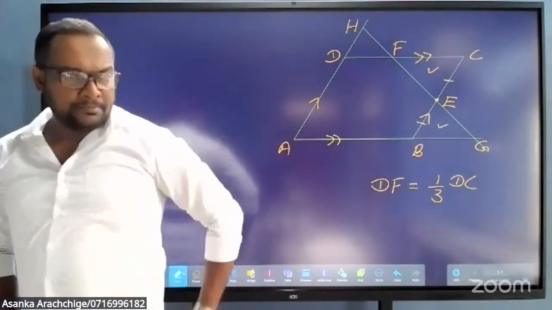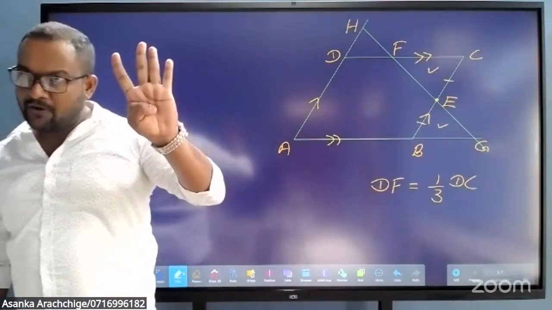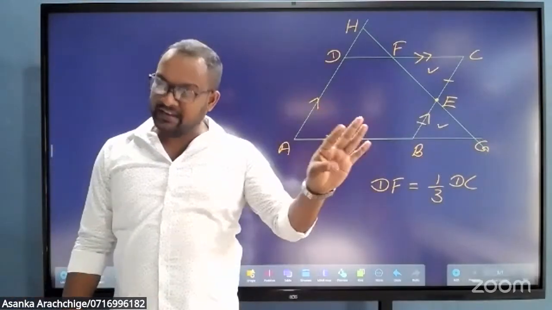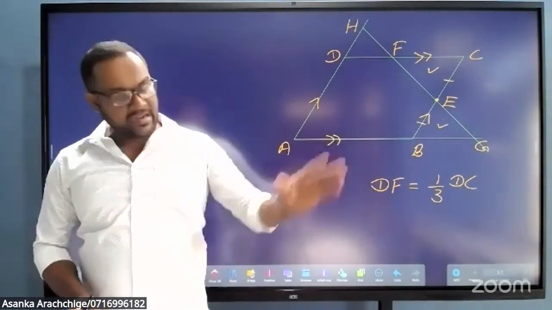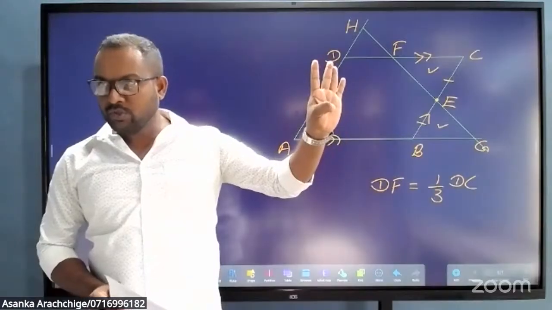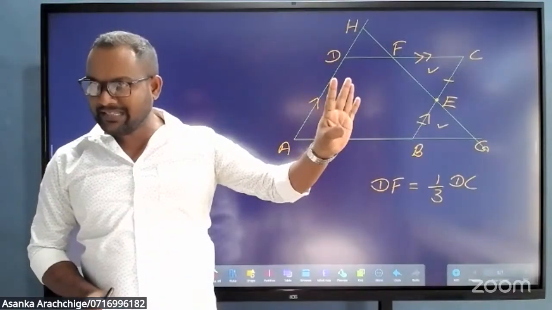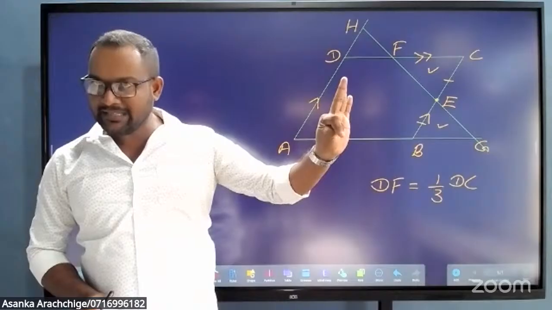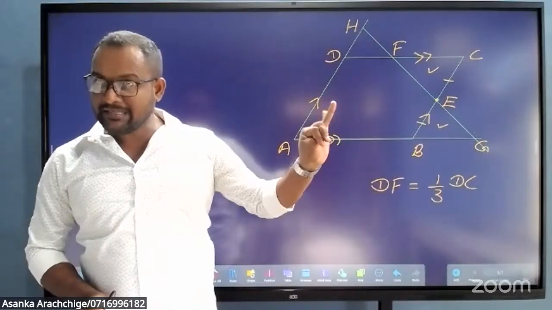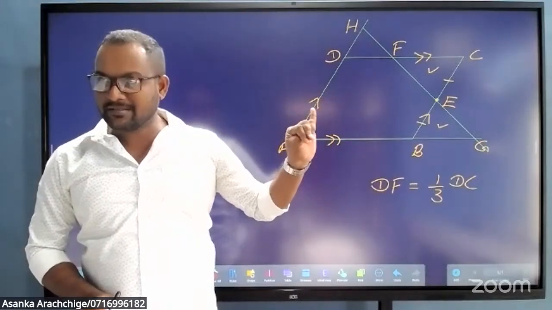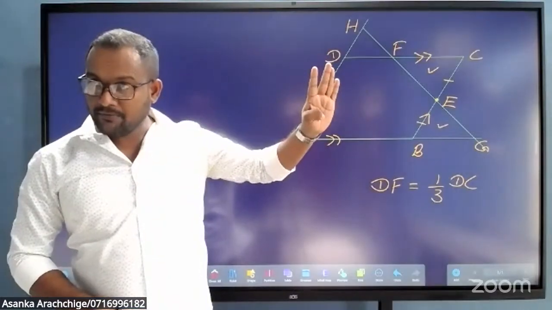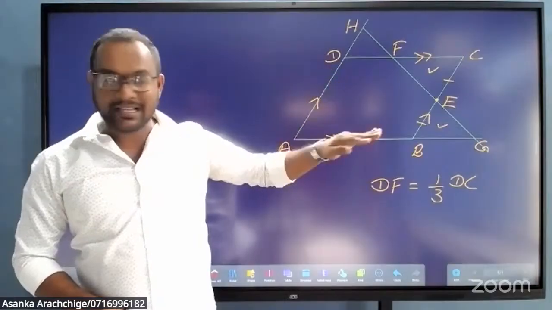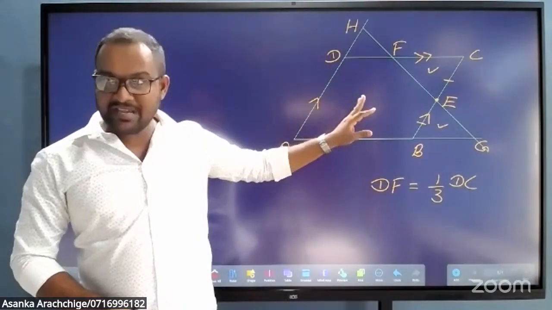You know, we have 4 methods to show that two triangles are congruent. We can show by using the SSS case, SAS case, AAS case, and RHS case. Which case can we apply here?